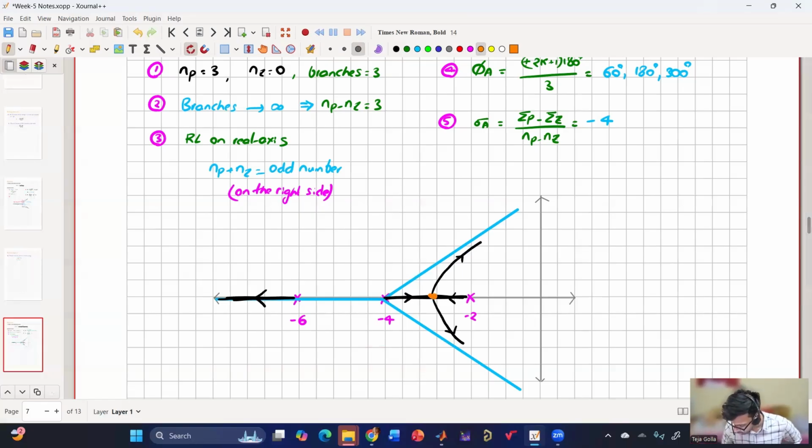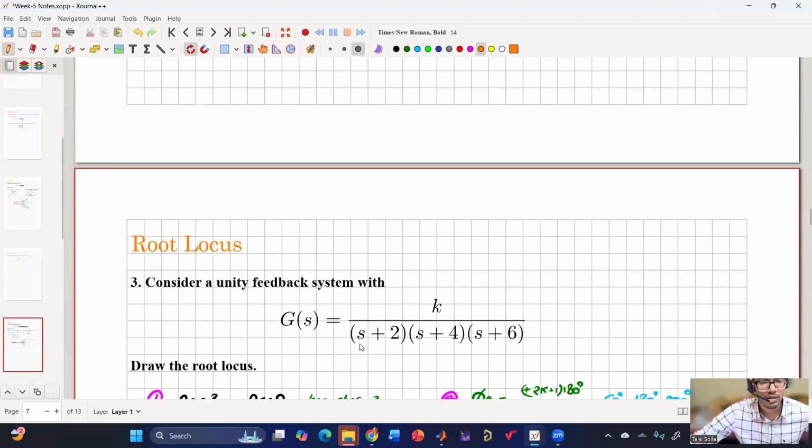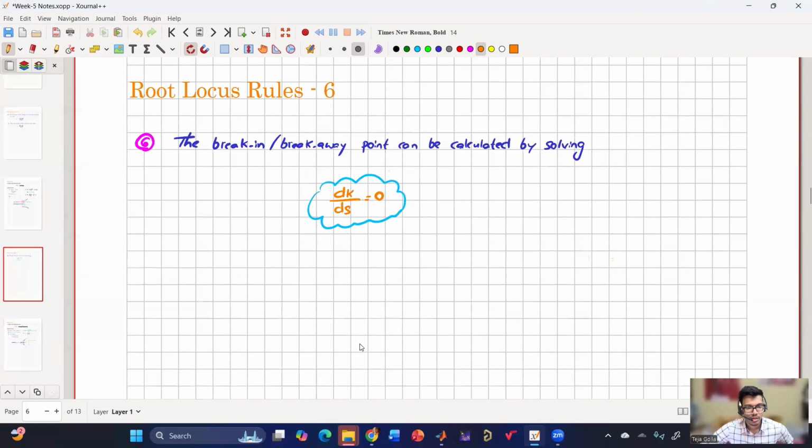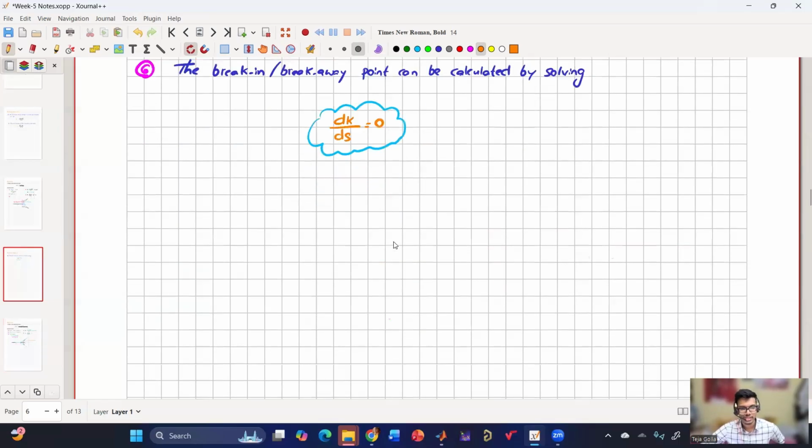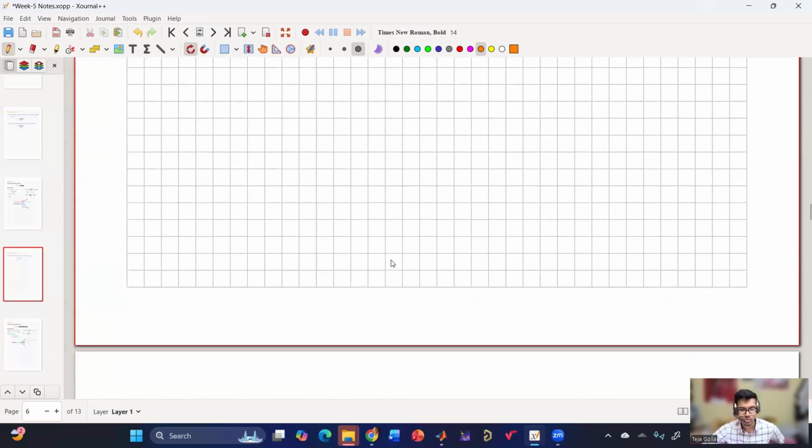So now we have to find this point. The point where the collision happens is called the breakaway point. How do we find this point? We will be using dk by ds equals 0.